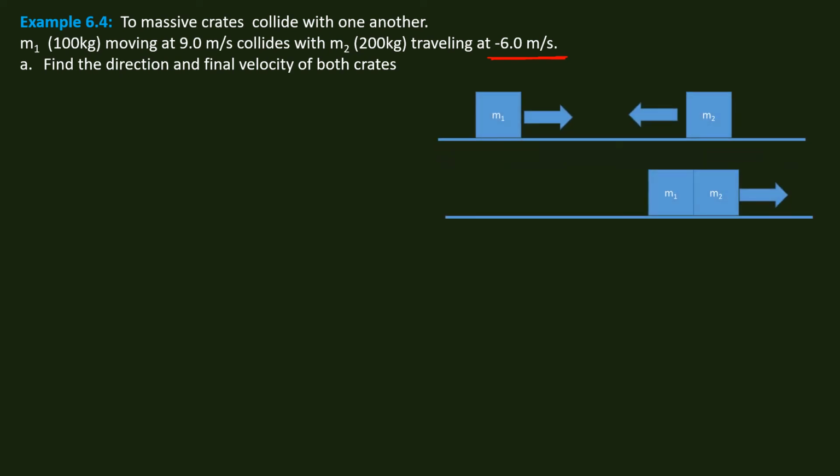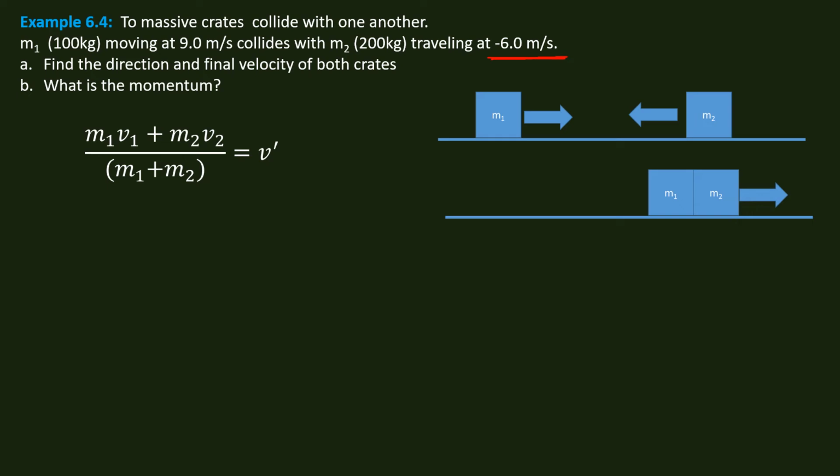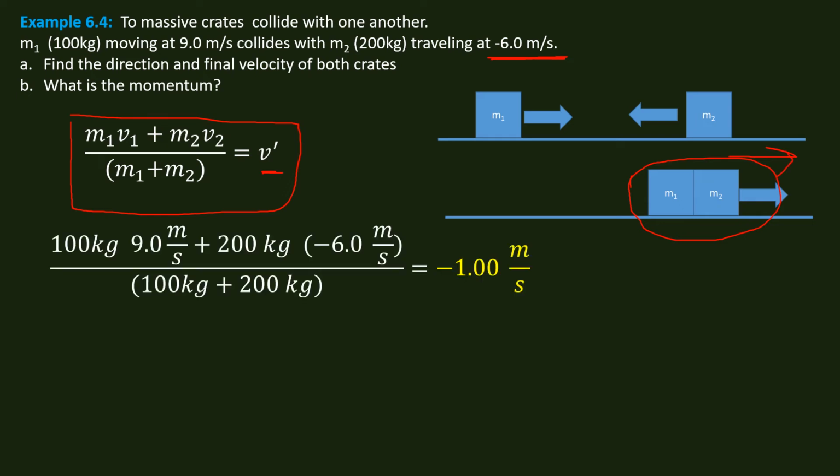So here we have an inelastic collision set up. And they also want us to find the momentum. So this is the equation we use. This will give us the velocity, V prime, of these two going off in that direction. So plug in the values and we get -1.00 meters per second.